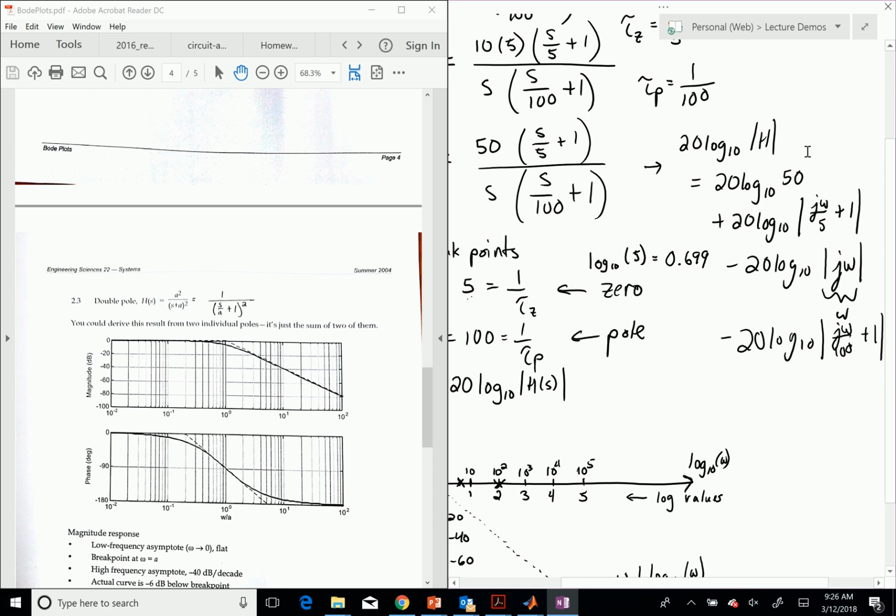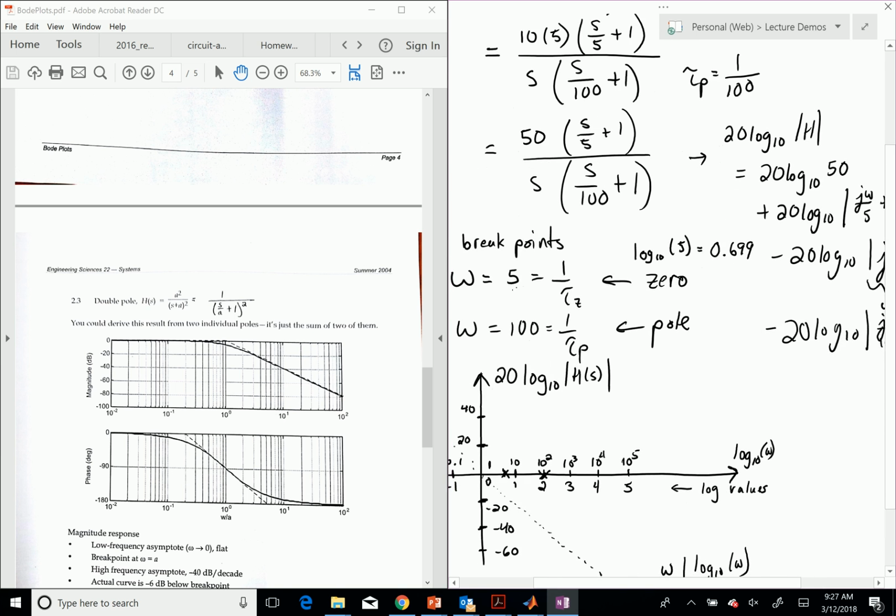So I want you to look at that. Basically what that's saying is, if I want to plot the magnitude plot of this in dB, I plot the contribution from the constant, plus the contribution from the zero, minus the contribution from this pole at 0, minus the contribution from this pole at 100. So what I can do is plot each one individually and then add them up. I add this to this, minus this, minus this.